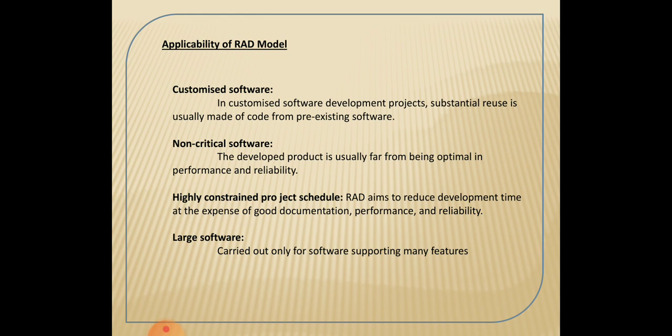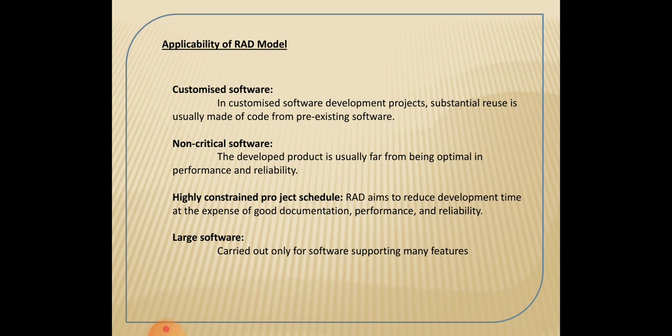And it is used for non-critical software. The RAD model suggests that a quick and dirty software should first be developed and later this should be refined to a final software for delivery. And next is a highly constrained project schedule. RAD aims to reduce development time at the expense of good documentation, performance, and reliability.